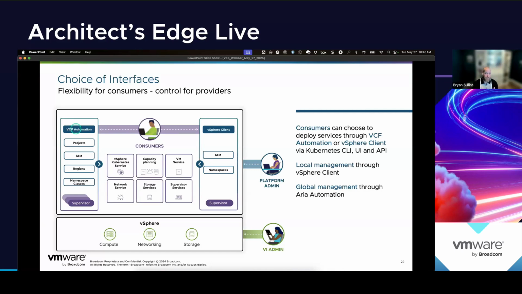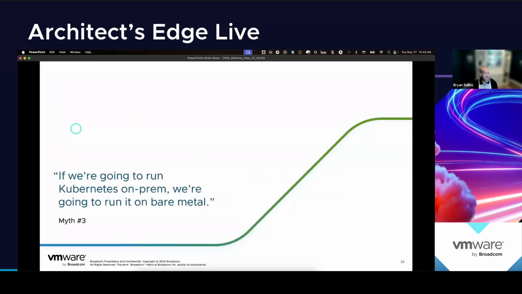I have the local consumption interface, which is within vCenter. And then I also have the capability of using VCF Automation in a catalog sense to say I want people to be able to roll out their Kubernetes clusters and lifecycle them through all of that as well. You can actually make it to where you got a test Kubernetes cluster, it times out after 2 weeks or whatever. You can do that as well.